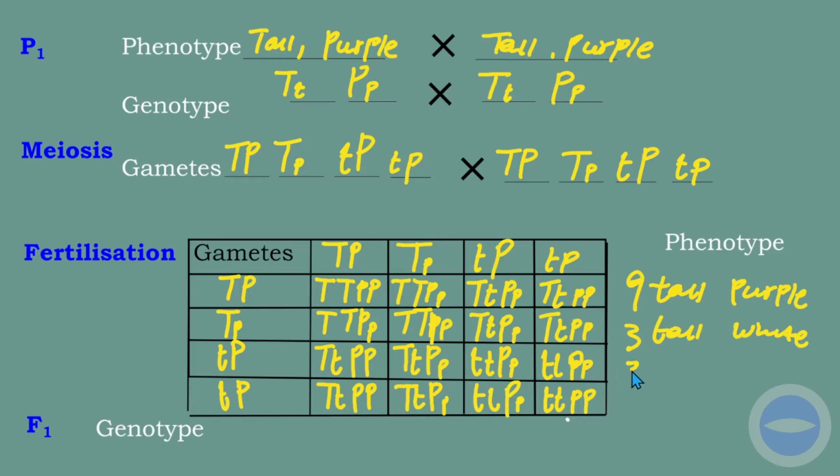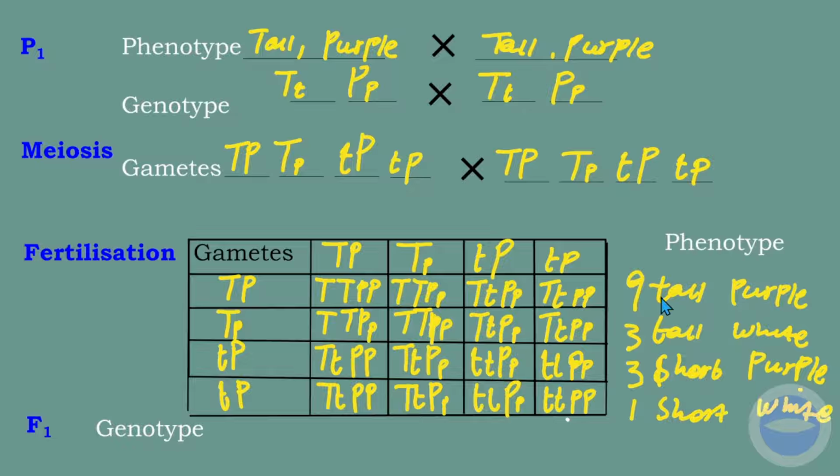And then again we have 3 purple and short, which is recessive, and the dominant color is purple. And then we will have 1 with recessive alleles. So we will have 1 short and white.